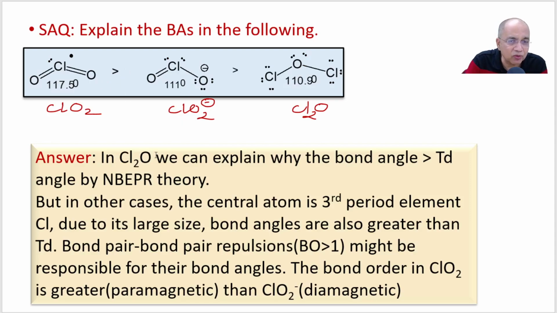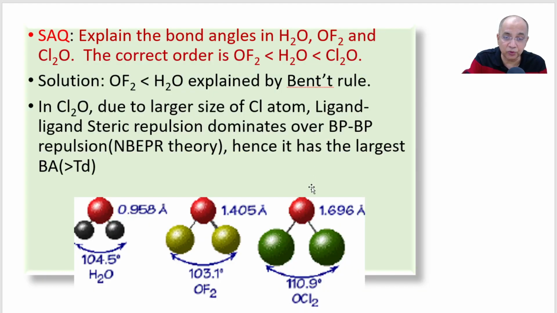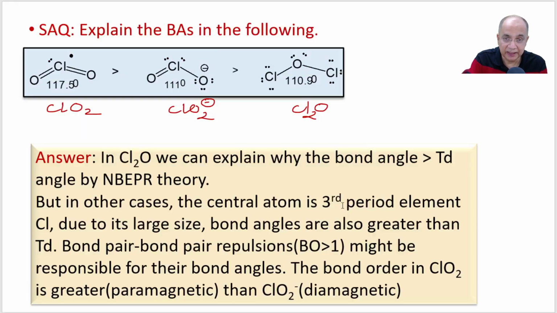Now, let us try to apply all our knowledge, including NBEPR, to explain chlorine dioxide, chlorite ion and dichlorine monoxide, which we have already discussed, and grade them. We found that chlorine dioxide has the maximum bond angle, greater than tetrahedral, chlorite ion is also greater than tetrahedral, and dichlorine monoxide also greater than tetrahedral.